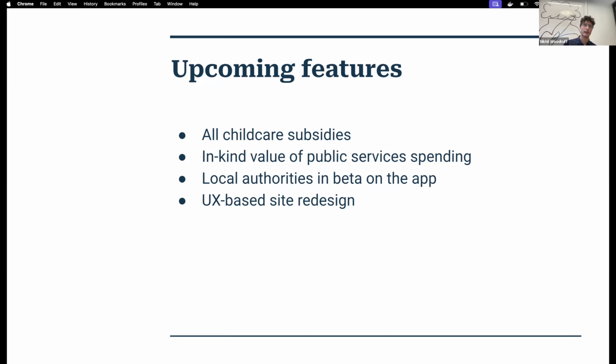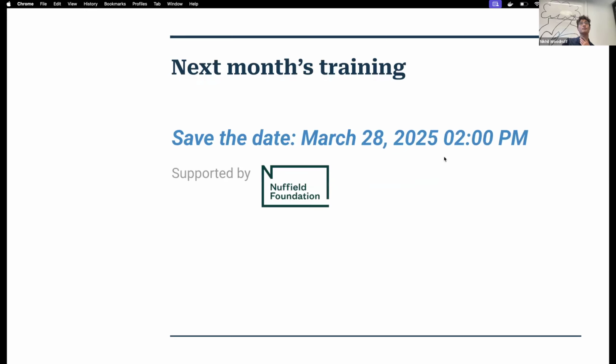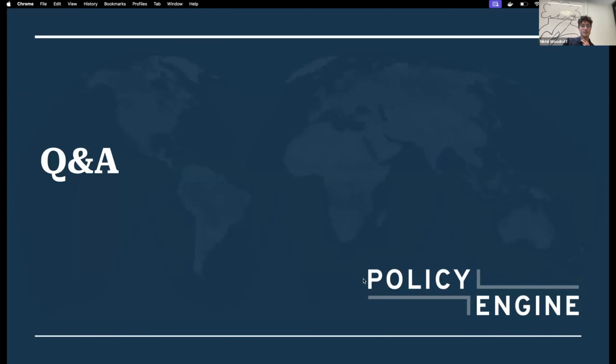Then later in the year, we've got a UX-led site redesign focused around accessibility and AI-powered usage as well. So those are all to come. Apart from that, save the date for the next one of these trainings, where we'll go through at least one of those. I'll open it up to questions if people have them.